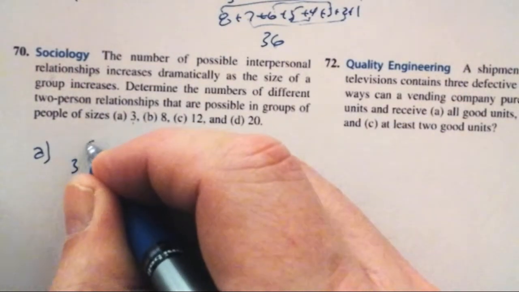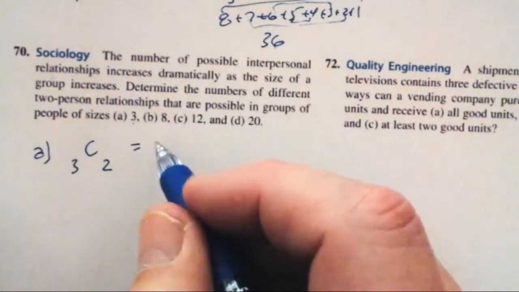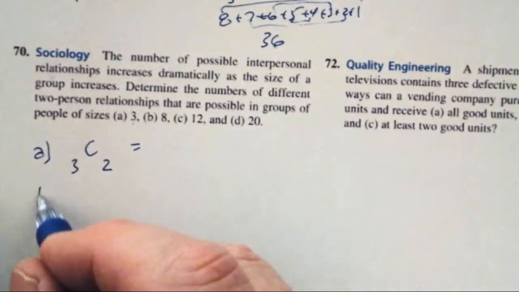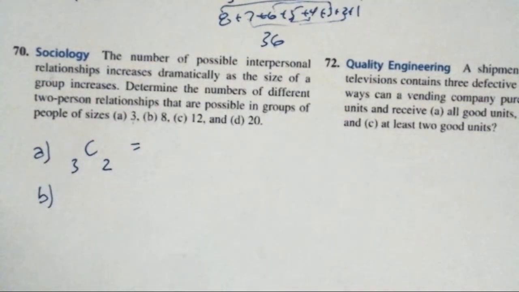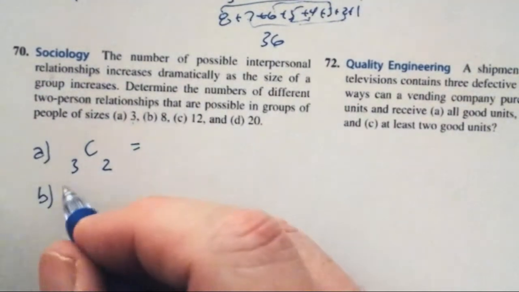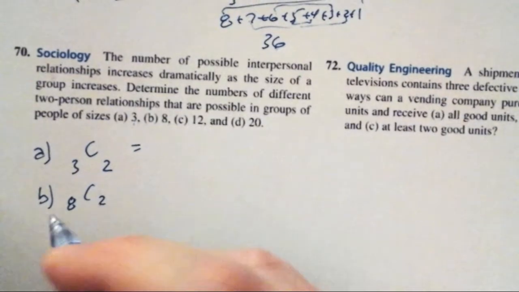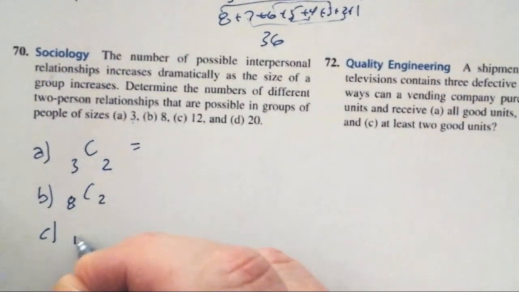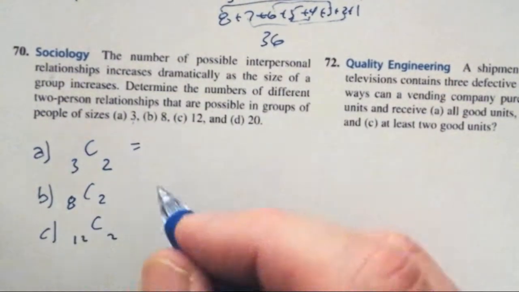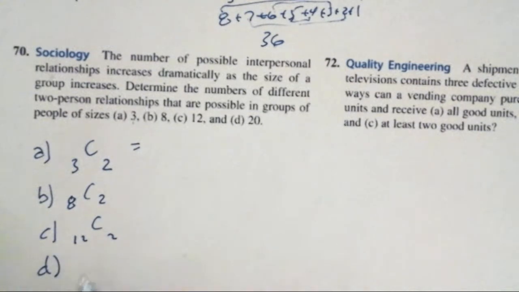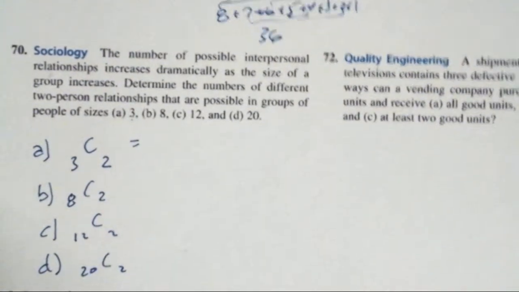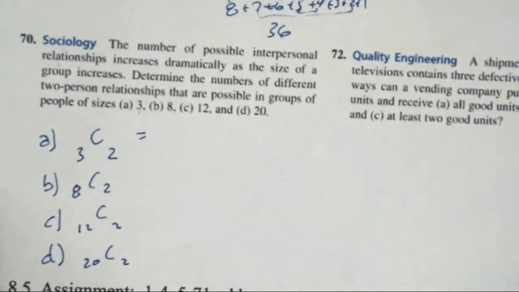Yes, so the order doesn't matter. It's combination. I'll leave that to the viewer, but boy, we should know that one. All right, and so this is just 8C2, and C, out of 12 we're choosing 2, order doesn't matter, and D, out of 20 we're choosing 2, same exact problem as up above.